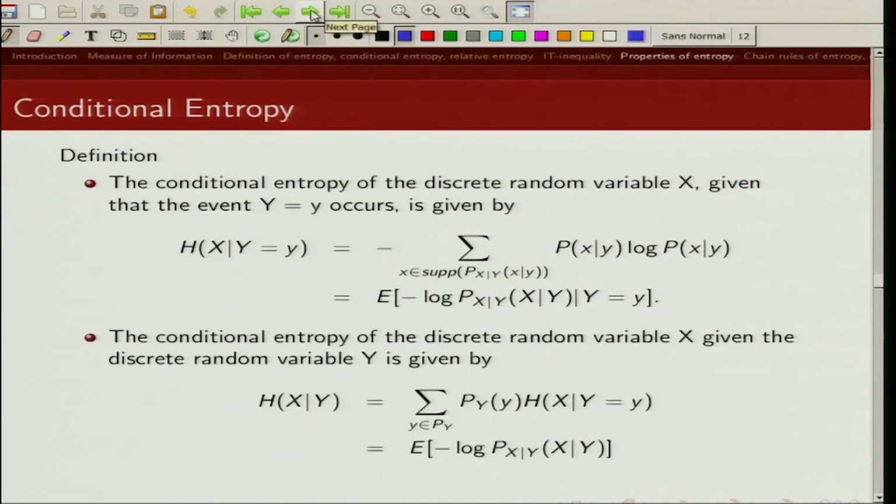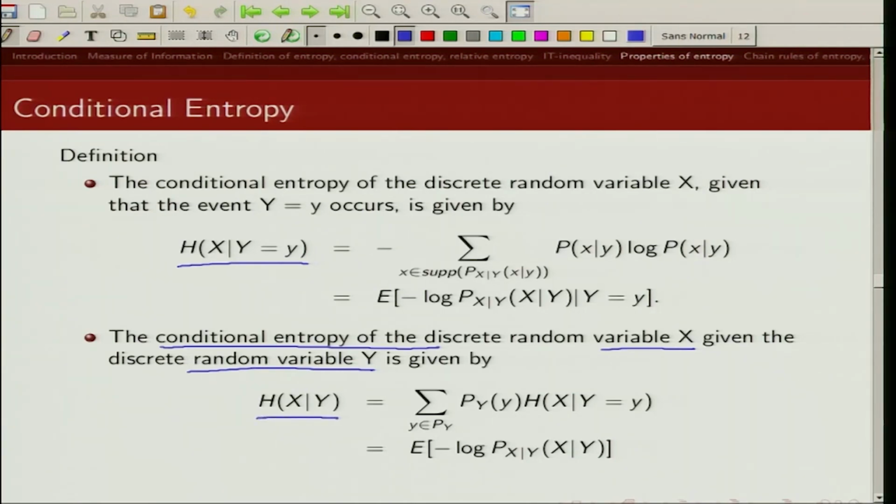Now if I have to compute the conditional entropy of a discrete random variable x given another discrete random variable y, then this can be computed from the conditional entropy which we just defined, as follows.